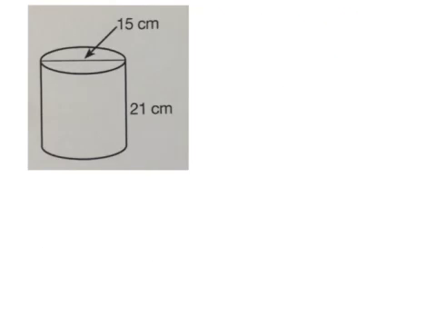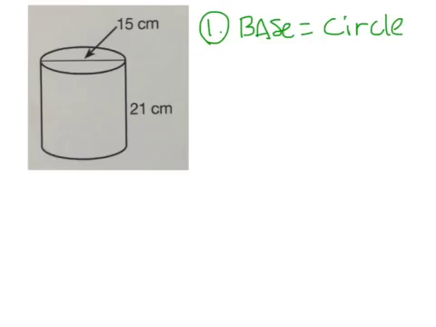Our last shape is going to be a cylinder. So again, my first step is identify the base. The base of this shape is a circle. I'm going to shade it in. And when you look at this one, I'm going to put that line back in for a second.